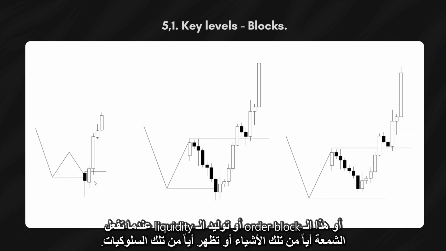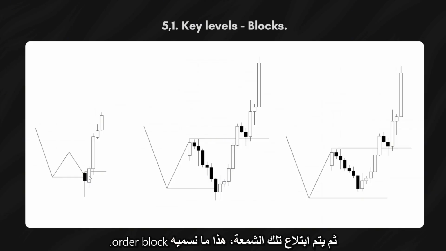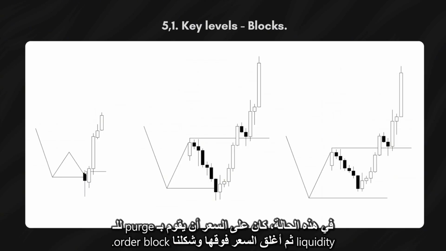When a candle does either of those things or shows either of those behaviors and then that candle gets engulfed, that's what we call an order block. In this case, price has purged liquidity, then price closed above it, and we formed an order block.